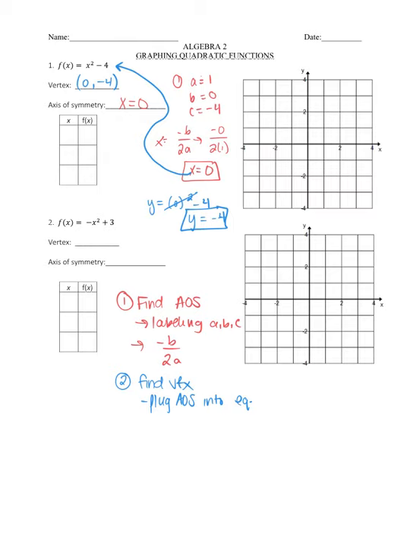So then what I want you to do is take that vertex and plug it into this middle chart. Okay, and then you're going to go left 1 from the x value and right 1 from the x value. Okay, so this comes into step 3. Find other coordinate pairs. Okay, so we need to find other ordered pairs.